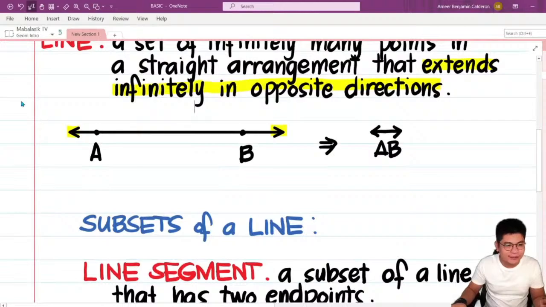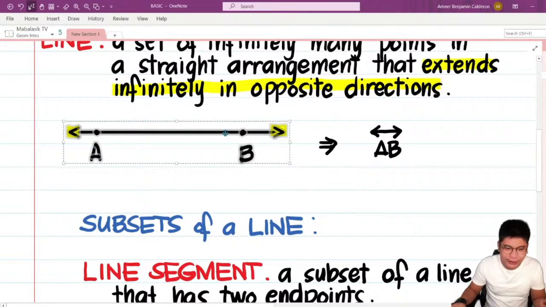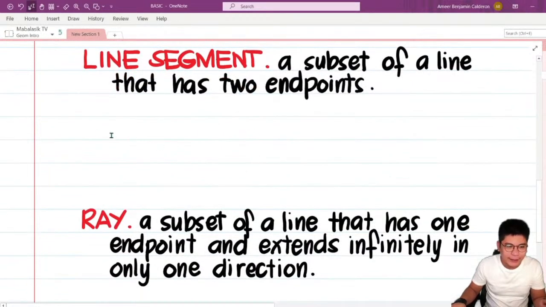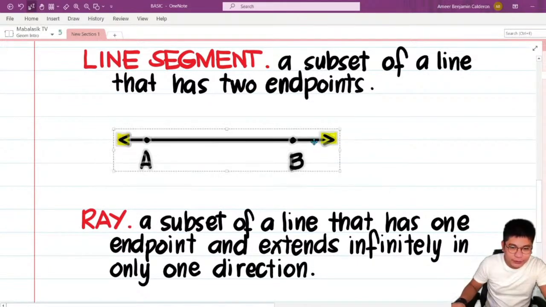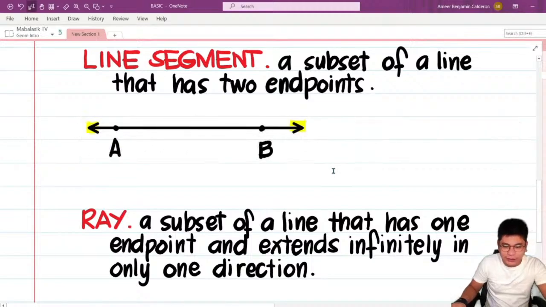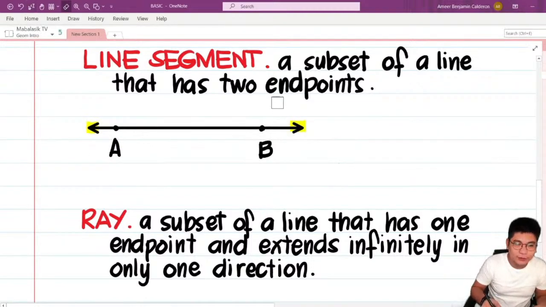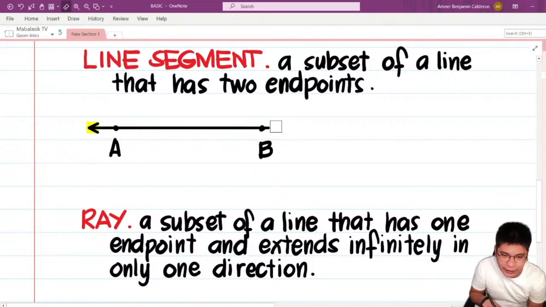So if we take this line, I'm not sure if this is gonna work. Let's just try. So this is our line. If this works, then good. Kung hindi, magdodrawing na lang ako ng iba. What we want to do is to erase. Ayun, gumana.